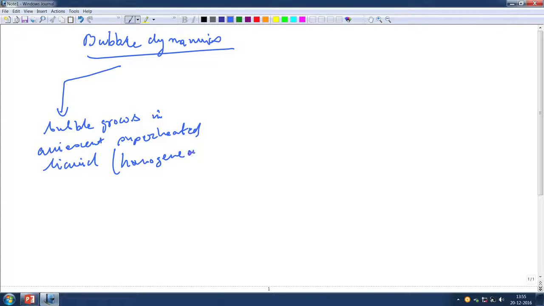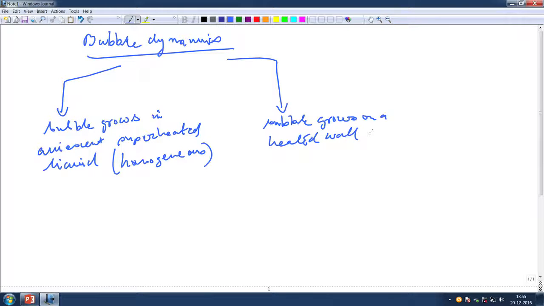If you recall what is homogeneous and what is heterogeneous. So, this is one type, and when the bubble grows on a heated wall, this is heterogeneous. First we are going to look at homogeneous bubble growth.